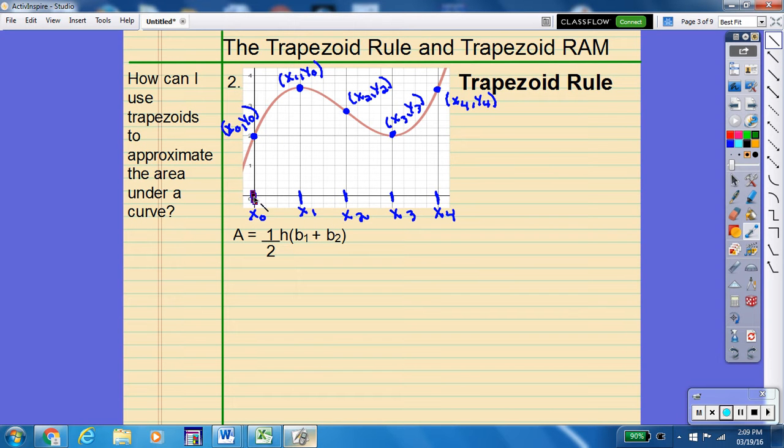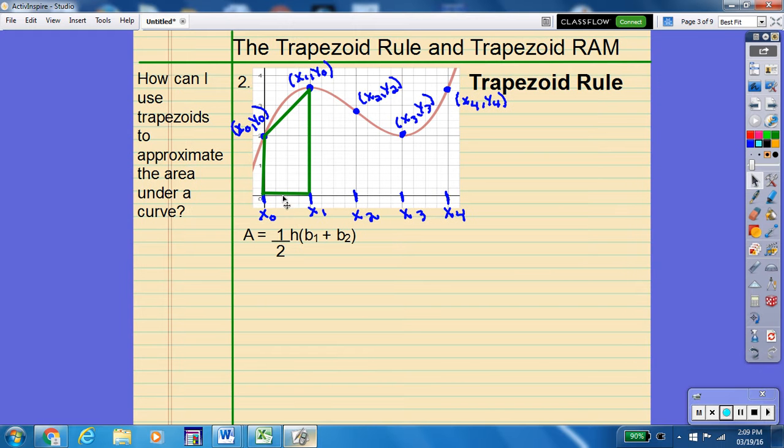My first one goes from x sub 0 to x sub 1, so here's my first trapezoid. I'm going to press pause on my recording and finish drawing my other trapezoids. You can do the same. Okay, so I'm back. I drew all my trapezoids.